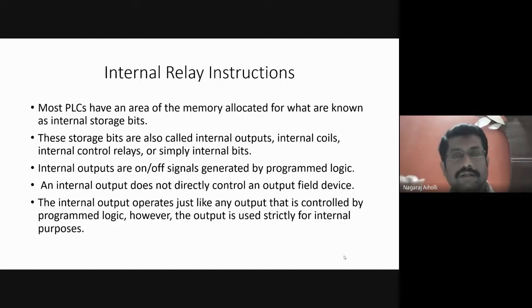There are certain spaces in the memory locations in the PLC meant to store the internal relay locations. These storage bits are also called internal outputs, internal relay coils, internal control relays, or simply internal bits.